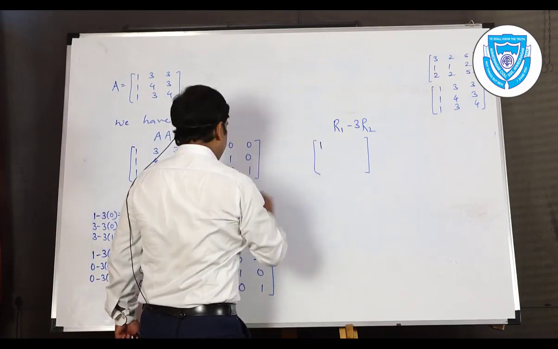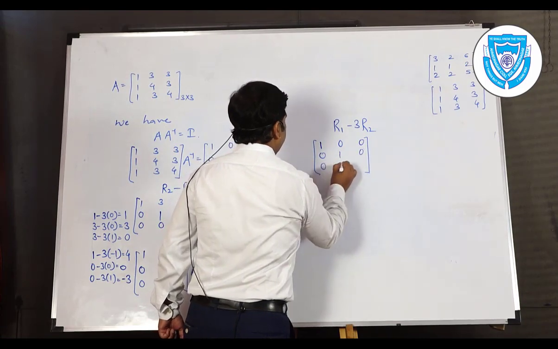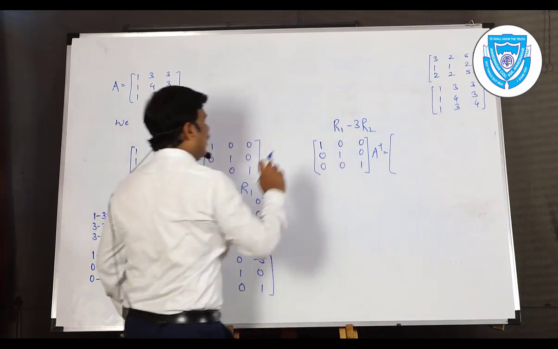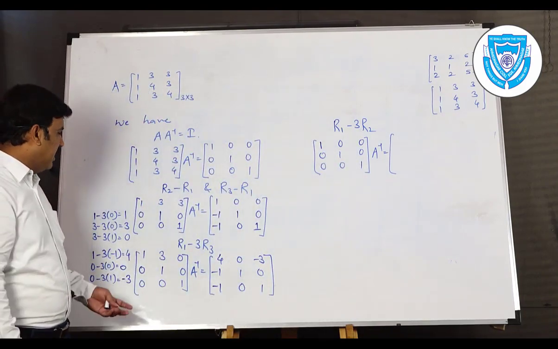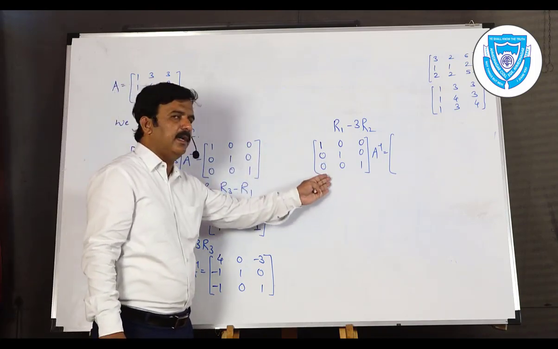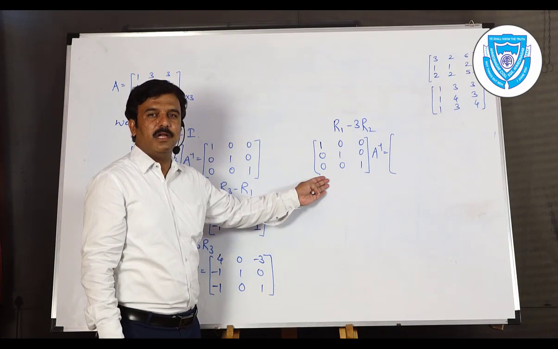That is 1, 0, 0, 0, 1, 0 and 0, 0, 1 into A inverse. I have written the identity matrix directly because I know after performing this operation we are going to get an identity matrix at the left hand side. You can verify it later on if you are confused.